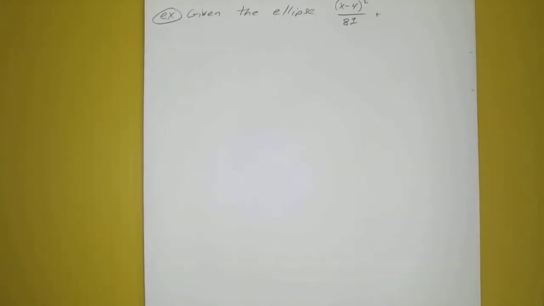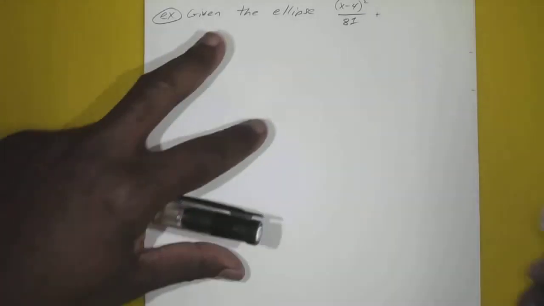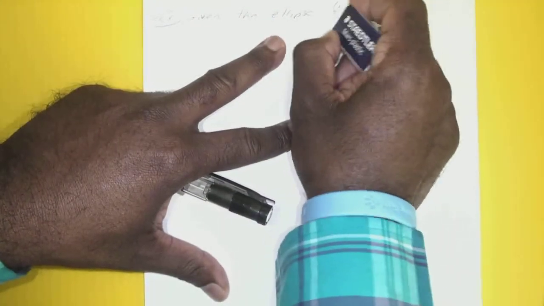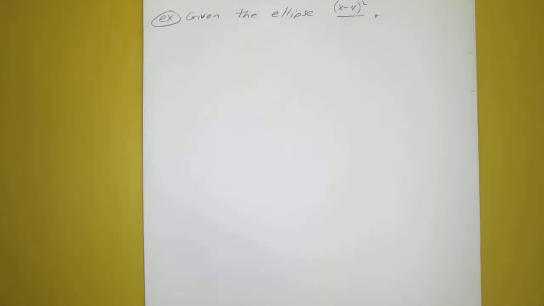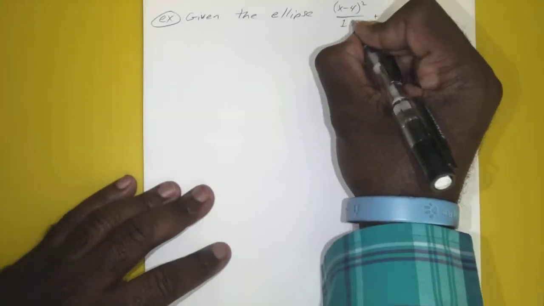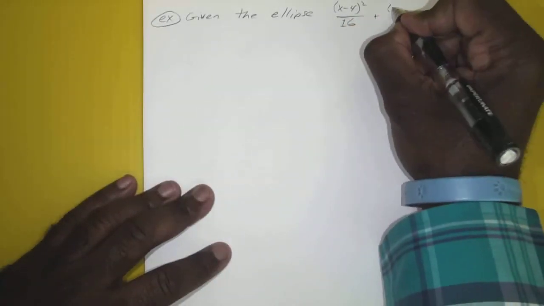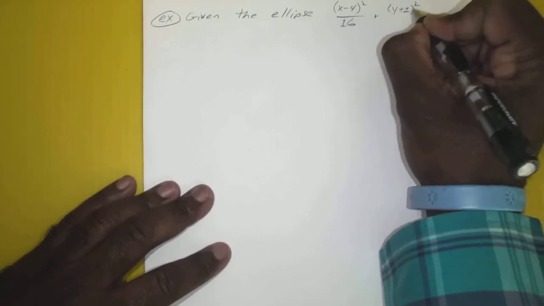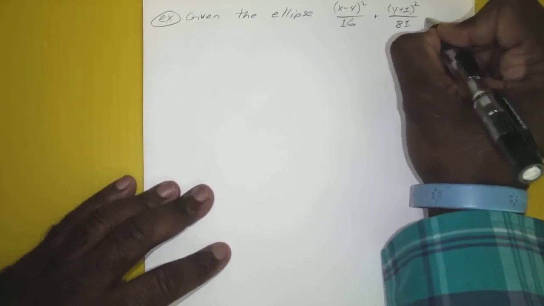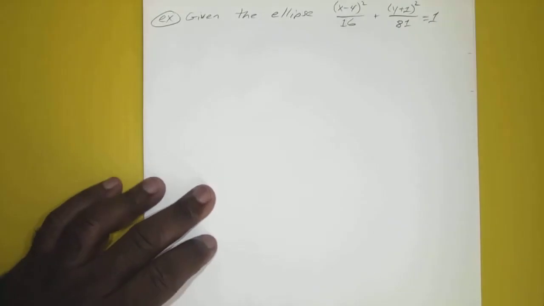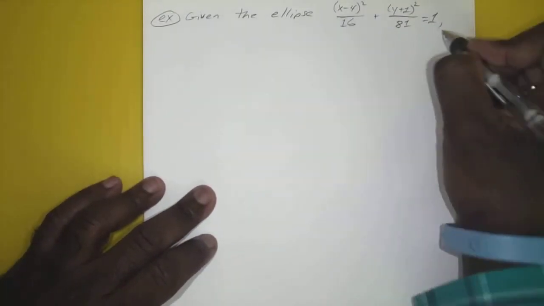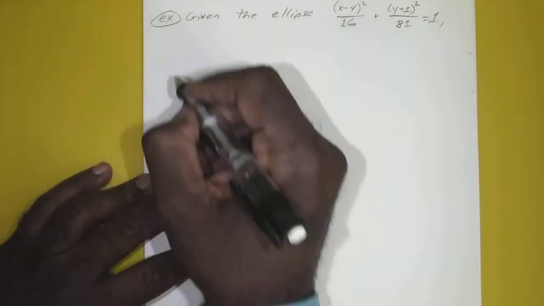I'll use the other example because it kind of switches it up a little bit. We want to find the two focus points.